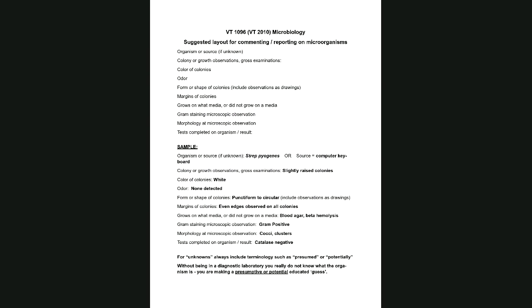The colonies, first off, you look at your plate, and you look at the growth, your observations, your growth examinations, and you say, is it a smooth colony? Is there rough edges around the colony? Is it wavy and dry? What does the surface look like? You're going to make notes about that.